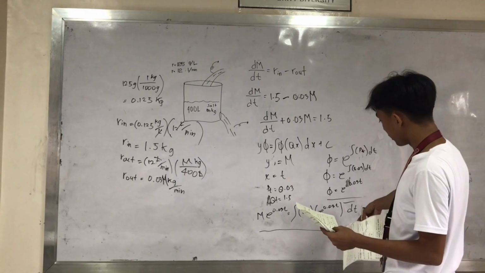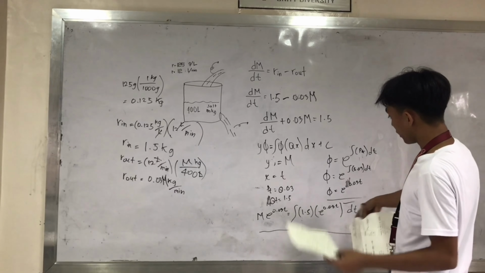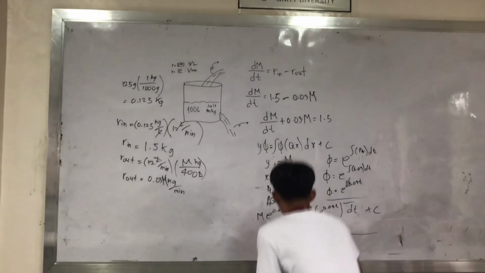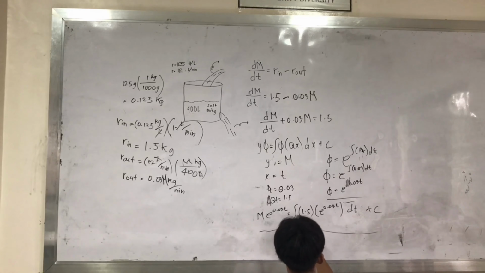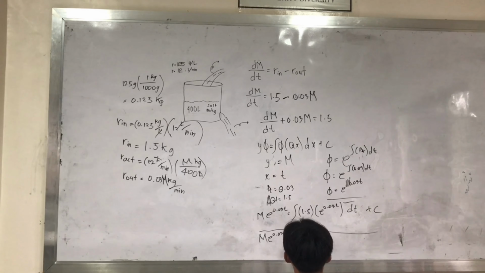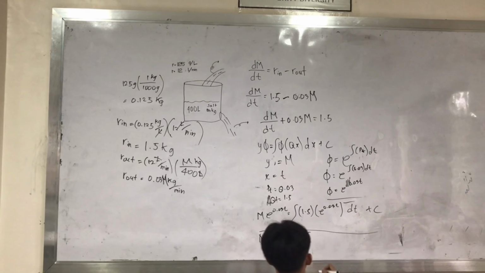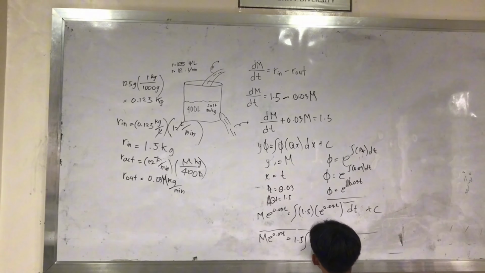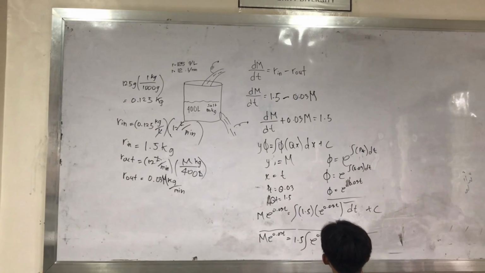So this will be the formula. We will next integrate the inside. M e 0.03 is equals to, take the 1.5 outside because it's constant. Integration of e raised to 0.03t dt.